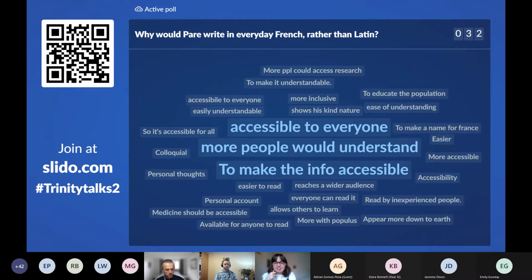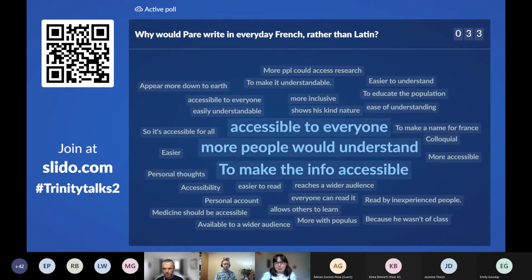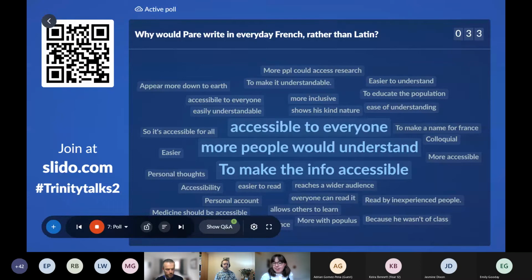So there was a sense that surgeons who'd been really dismissed as not needing to understand the body properly in order to work. Paré showed that, no, hang on a minute, it is important that surgeons know what they're doing and can understand the body and how the body might react to certain things. And so he thought that with his work, he could try and educate his old peers.